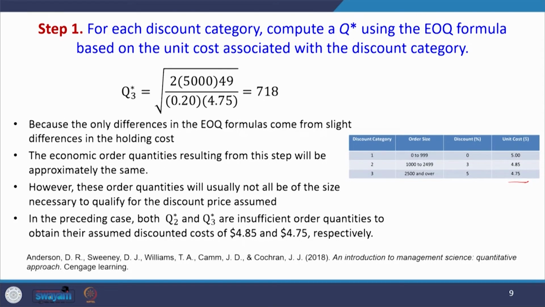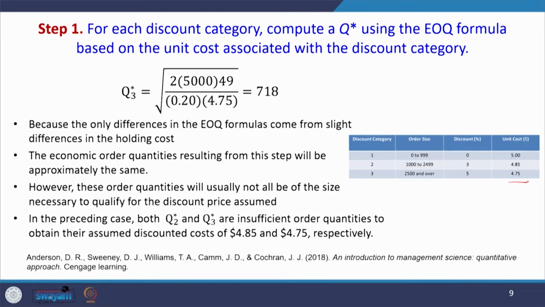Because the only difference in the EOQ formulas comes from the slight difference in the holding cost, ordering cost is the same. The economic order quantities resulting from this step will be approximately the same. However, the order quantities will usually not all be of the size necessary to qualify for the discount price assumed.